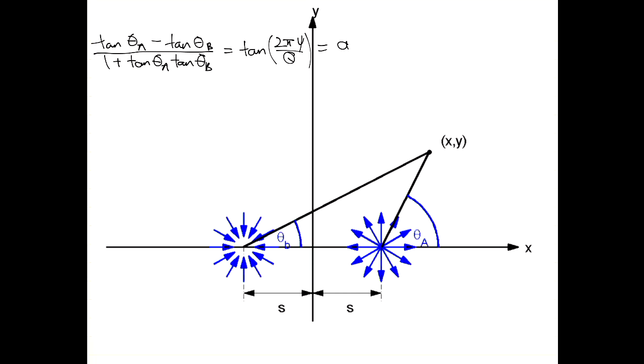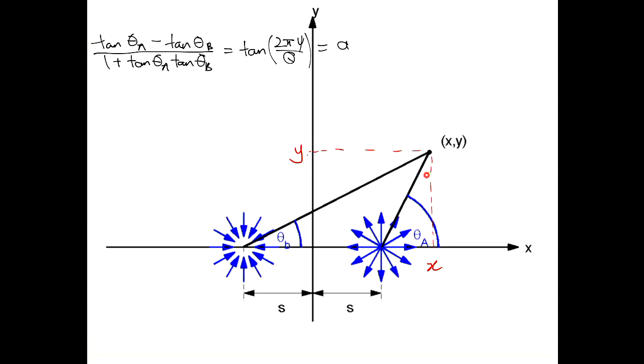Can you all see how to do that? So this is my y, and this is my x. Let's look at tangent theta A. So this is theta A. What's tangent of theta A going to be?